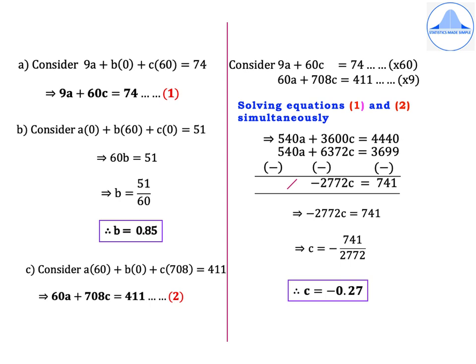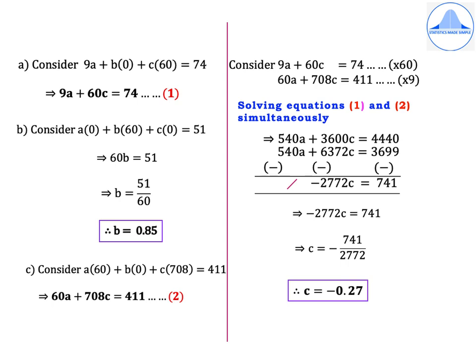So I multiply the first equation by 60 and the second equation by 9 so that the coefficients of a are the same. And then I solve equations 1 and 2 simultaneously, which gives us 540a plus 3600c is equal to 4440, and the next equation is 540a plus 6372c is equal to 3699.